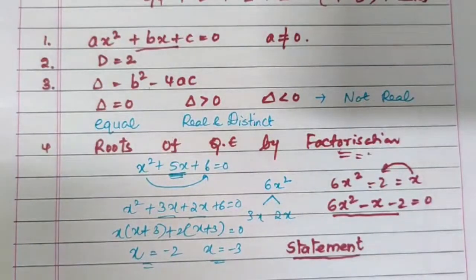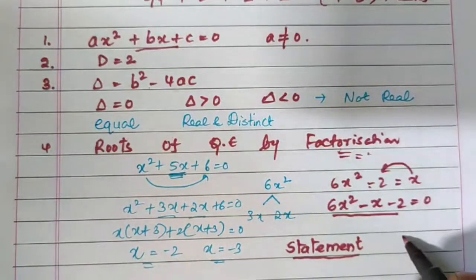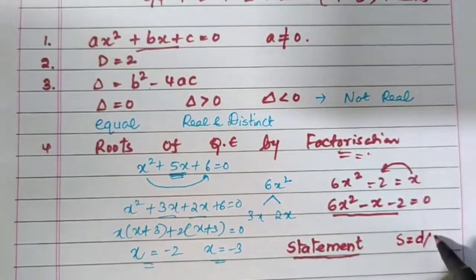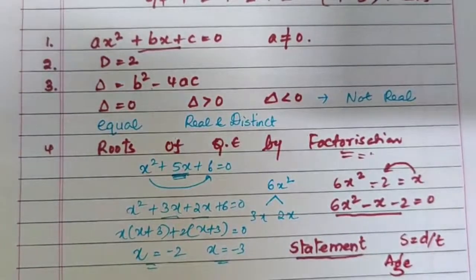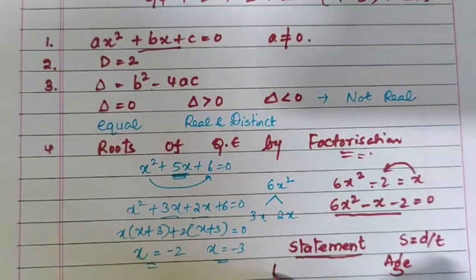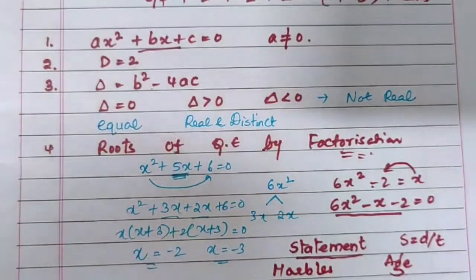Based on what? Based on speed, otherwise age related sums. Speed, age. Otherwise, finding the number of marbles, which is in the examples, and finding numbers where the square of consecutive numbers is some number, like area of a triangle.